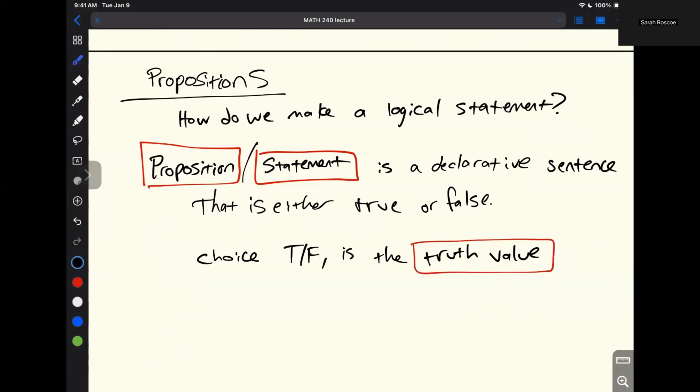So I have a statement, and the statement is my iPad is connected to the projector. That statement is true, so its truth value is true. The statement, I'm using whiteboard markers right now, is a proposition, it is a statement, it is false. The truth value is false because I'm not using whiteboard markers right now.